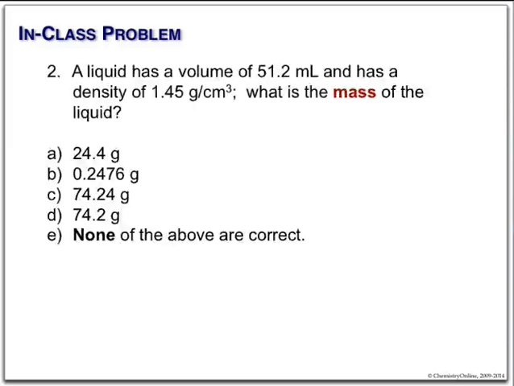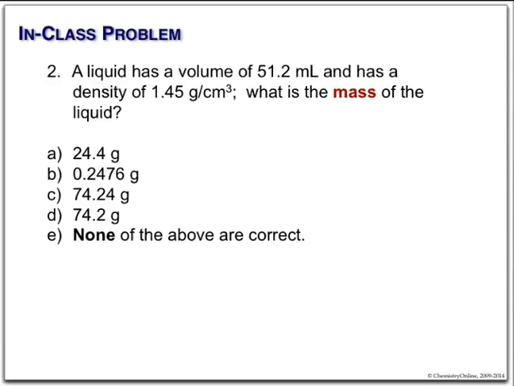Liquid has a volume of 51.2, has a density of 1.45. What's the mass? Well, I'm going to set this one up using our algorithm, just to show we can do it both ways. In our problem, our given is going to be our 51.2.